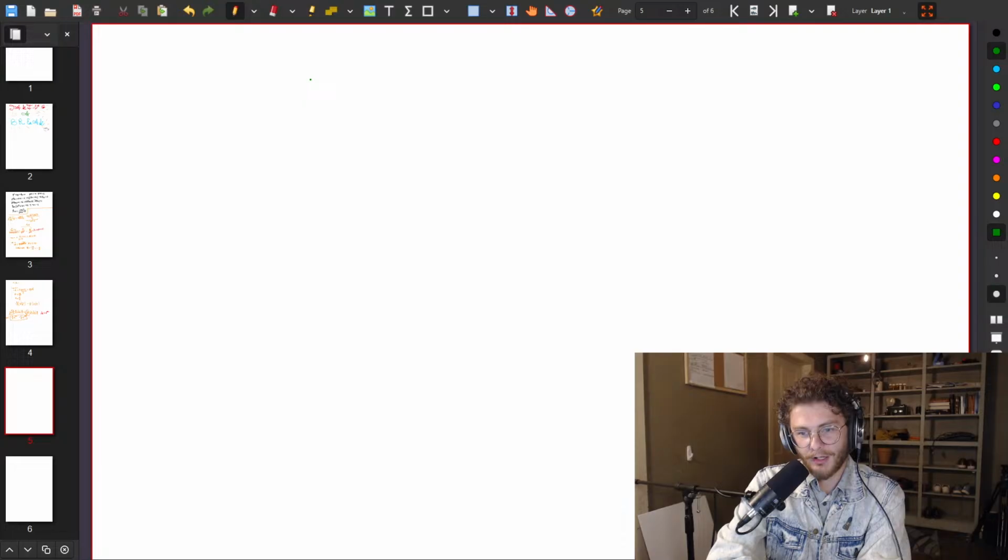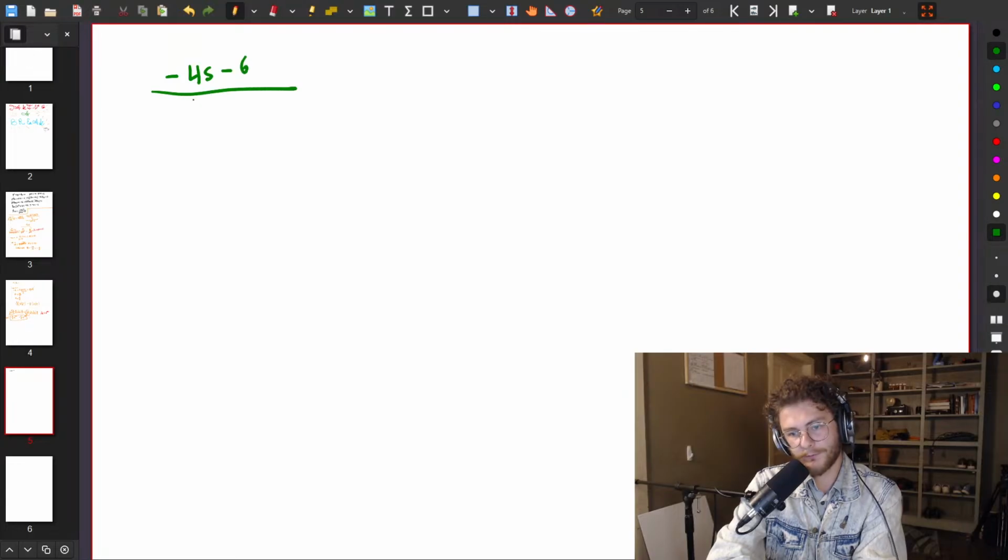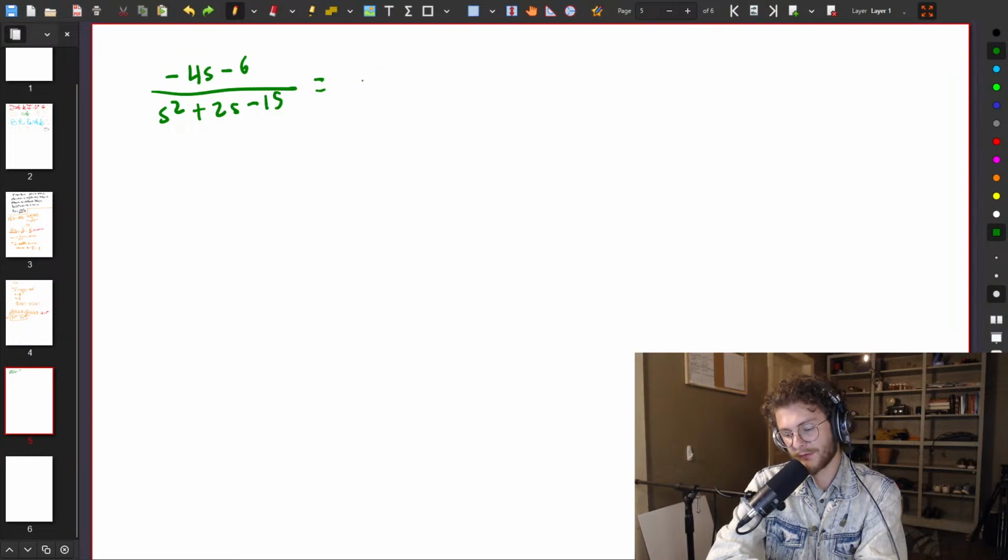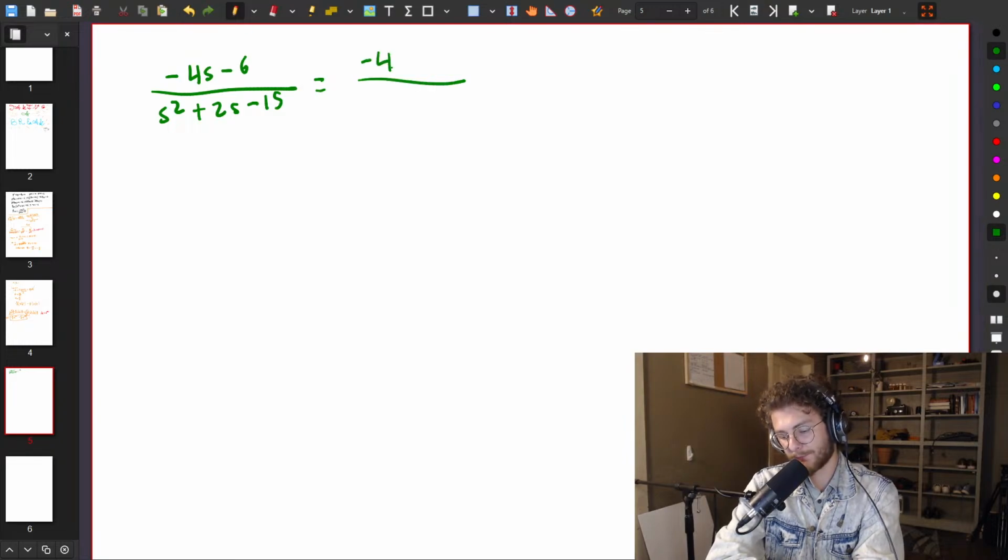Let's change colors. So we're going to start with this negative 4s minus 6 over s squared plus 2s minus 15. Now this is going to be equal to negative 4s minus 6 over s plus 3, s minus 7.